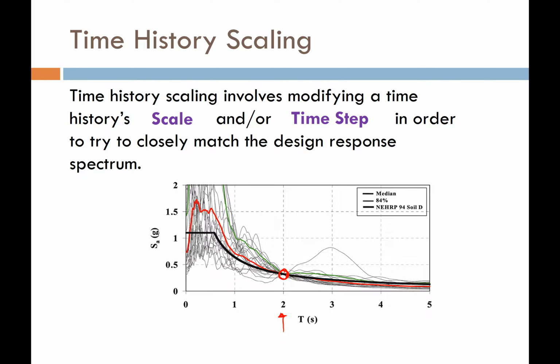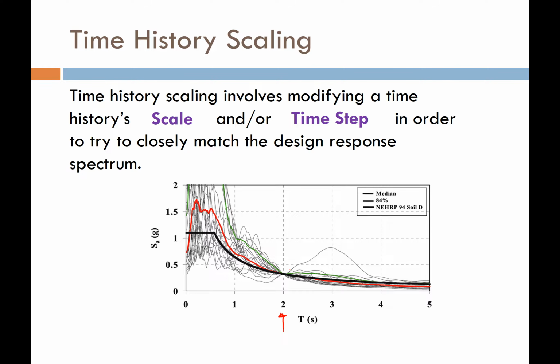In other words, we're going to fudge all of our response spectra so that they run through that exact same point at our period of interest. Now, the reason we do that is so that we can hit our structure in our model with the right spectral acceleration at the critical period.